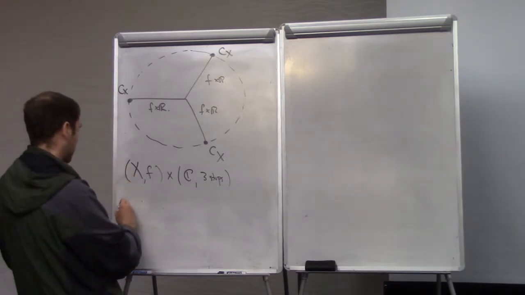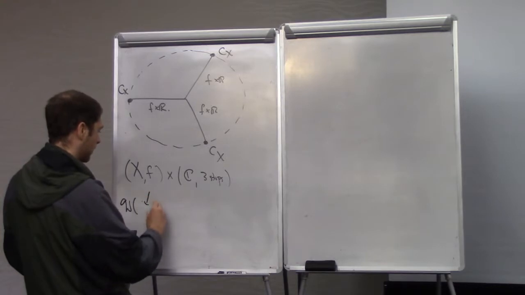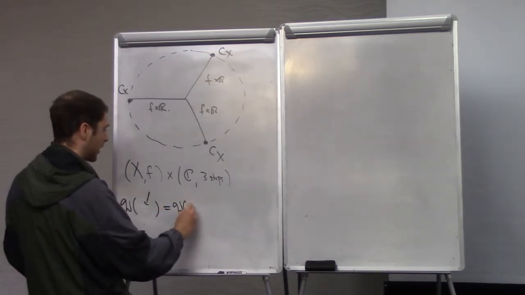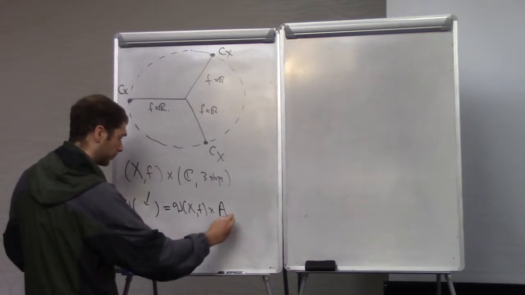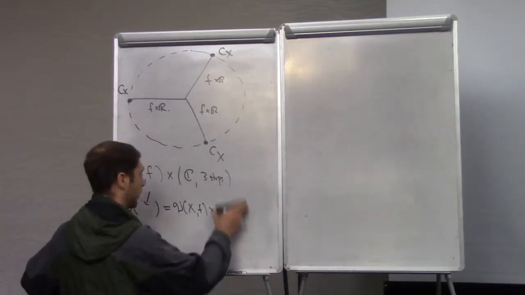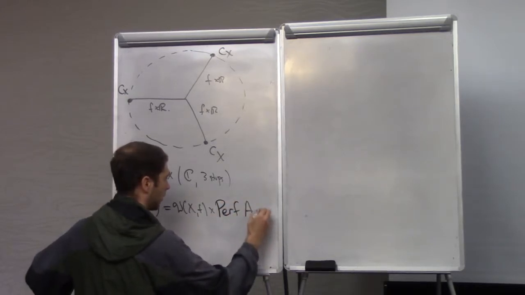So the wrapped category of this is the wrapped category of X cross F across this representation of the A2 quiver.